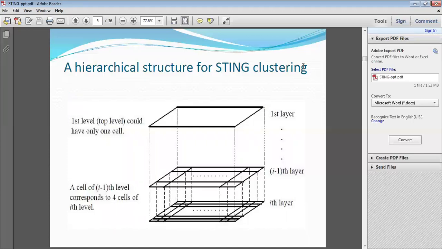The layer in between the root layer and the bottom layer has a grid size larger in comparison to the bottom layer. If we assign the number 1 to the root layer and the ith layer as the bottom layer, then the numbering of the layers goes I minus 1, I minus 2, up to 1.